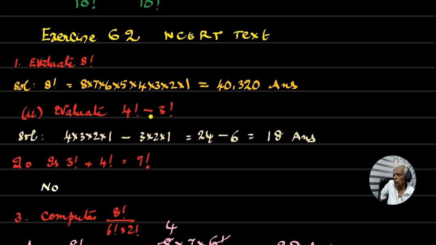Evaluate factorial 4 minus factorial 3. Factorial 4 is 4 times 3 times 2 times 1. Let us not go for common things. This is a very simple thing. This is 24, this is 6. 24 minus 6, 18.